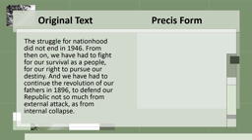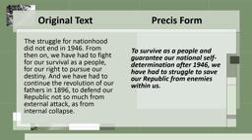So let's try to reduce long phrases. For example, our right to pursue our destiny. Is there any way of stating that? Pursue our destiny. Okay, so compare your précis with this phrase. To survive as a people.